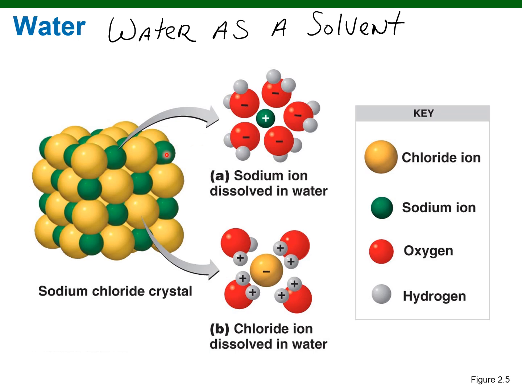The green balls are the sodium ions, and so sodium separates, and its positive charge interacts with these negatively charged portions of the water molecules. And then the partial positive charges, like the ears of a Mickey Mouse kind of shape, are going to interact with the negatively charged chloride ions that get pulled away and ionized into solution as water just completely dissociates and dissolves the sodium chloride.